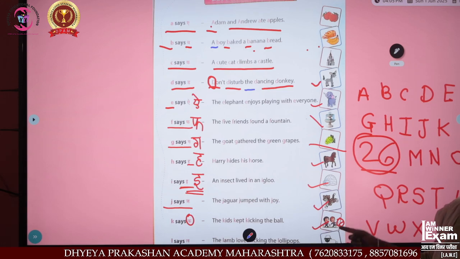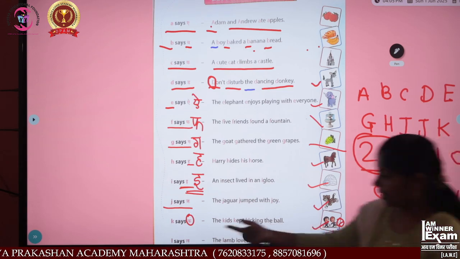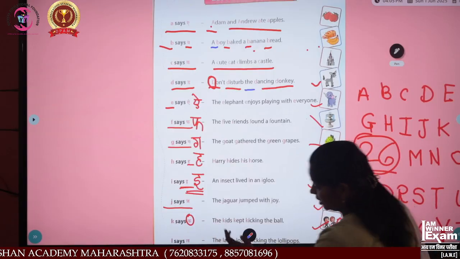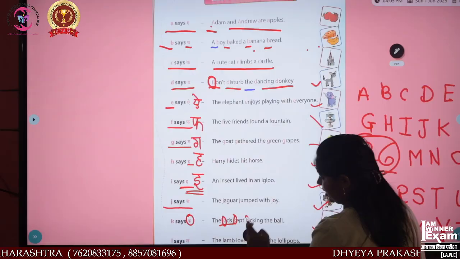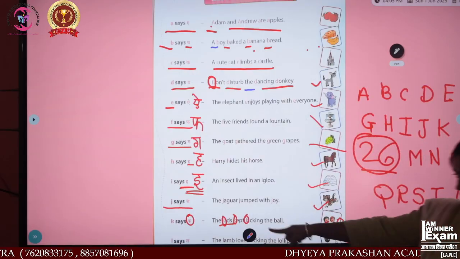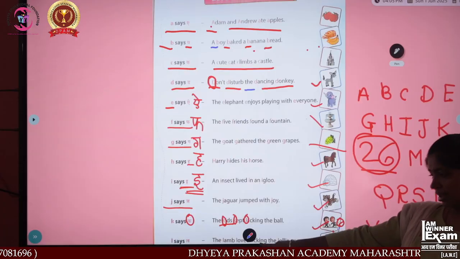This picture is the kids kept kicking the ball. So here K says K.